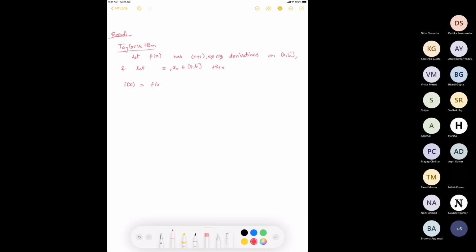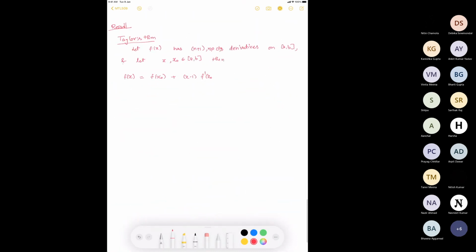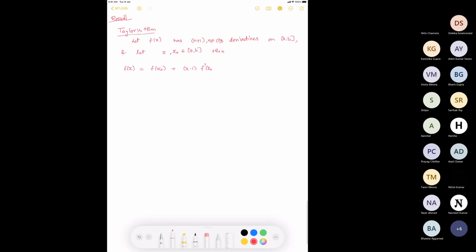So you can write this as f(x naught) plus (x minus x naught) f prime of x naught, and so on. The second last term is going to be (x minus x naught) raised to power n divided by factorial n, times the nth derivative of f evaluated at x naught.